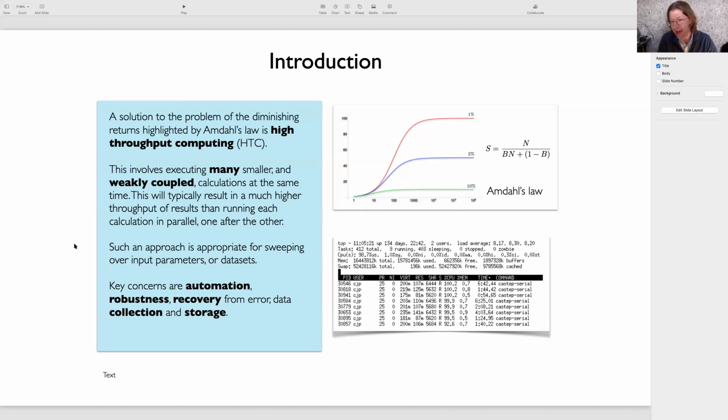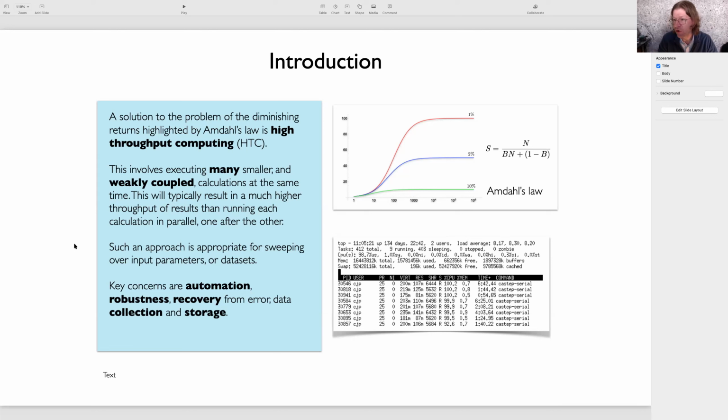And there's an equation called Amdahl's law, which tells you what speed up to expect given a fraction of the code is not parallelizable. So even if only a small portion of the code is not parallelizable, it provides a limit to how much speed up you can get. So if only 1% of your code can't be broken down into small chunks, then the maximum speed up you can get is a factor of 100.